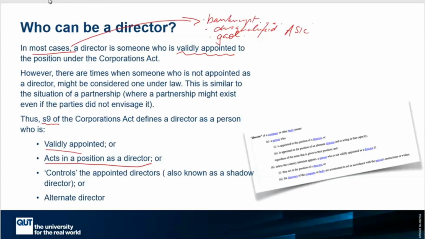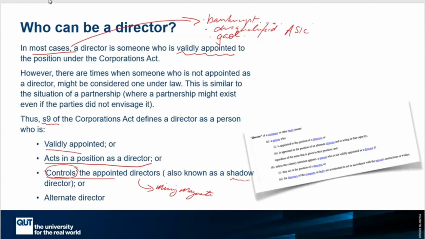This is a really interesting one where you control the appointed director. So you're not pretending to be a director, but you're actually telling them what to do: a shadow director. This would be the case, for instance, perhaps if you were a mining magnate and you had a family member, a niece or a nephew, who was the chief executive of the company, and you would send emails to your nephew who would do what you said in those emails.